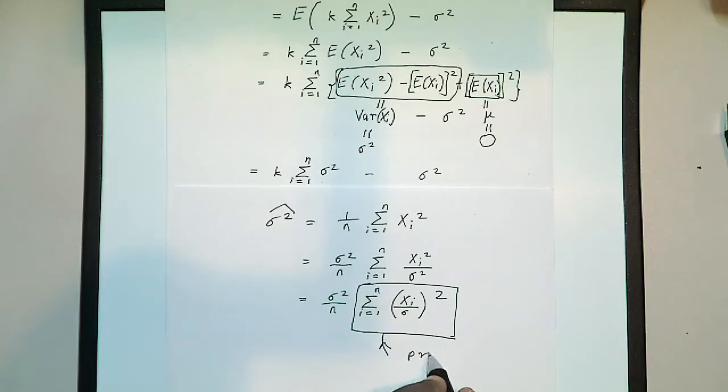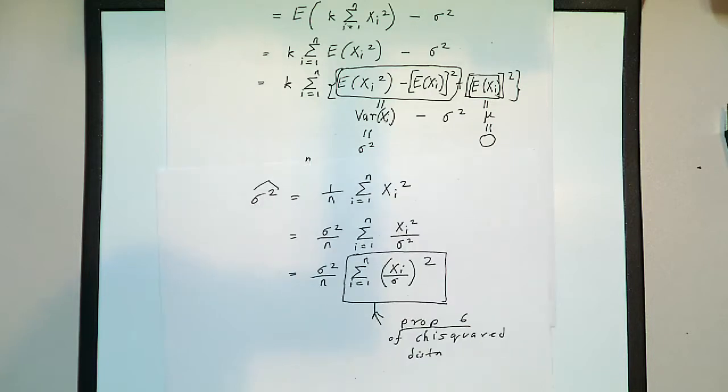Yeah. So if you look at it, it's actually property 6 of chi-squared. If you look at property number 6 of the distribution, which is in the course web page, right? There's also video on it as well as notes.